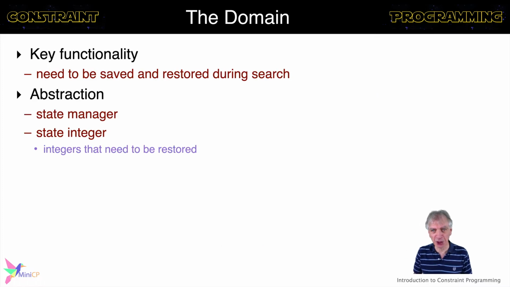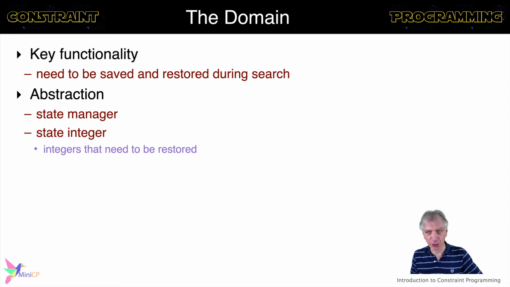What I'm going to show you is that we're going to implement the domain and the sparse set such that they can be saved and restored. That's the key asset that we need to have. We need the ability to save and restore this particular sparse set and the domains. To do that, we'll have an abstraction which is a state manager and state integers. There are some integers that we want to be safe because I need to restore them.